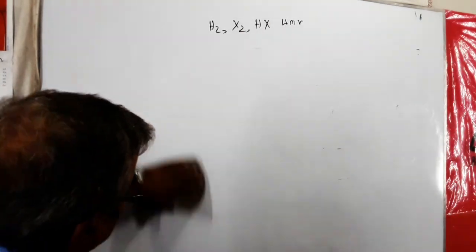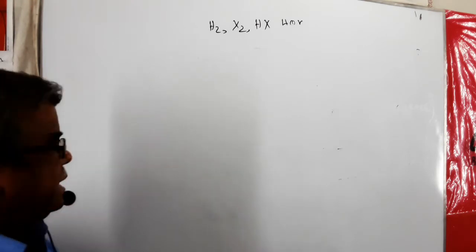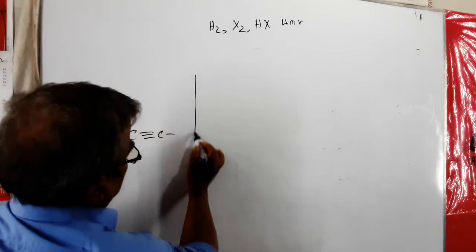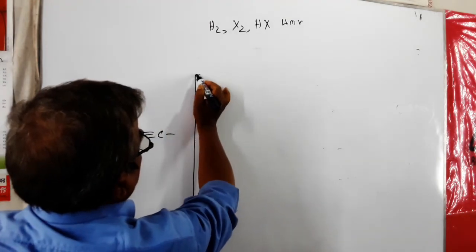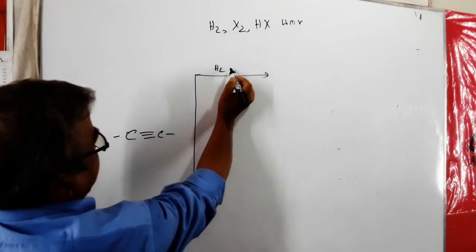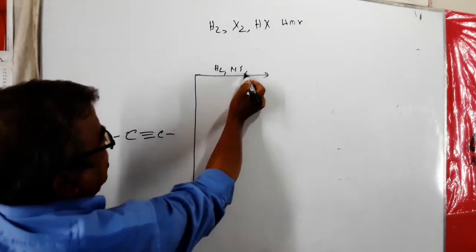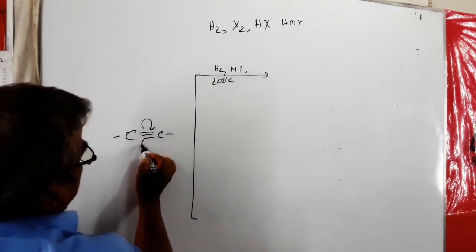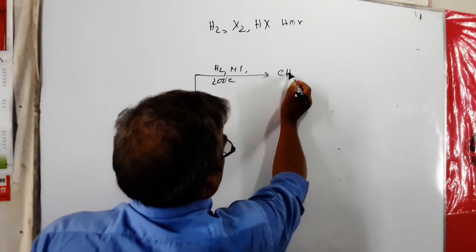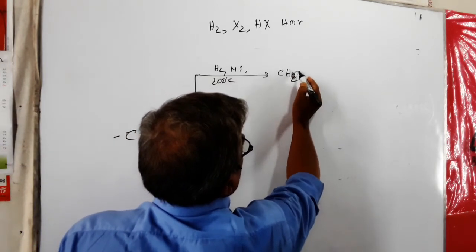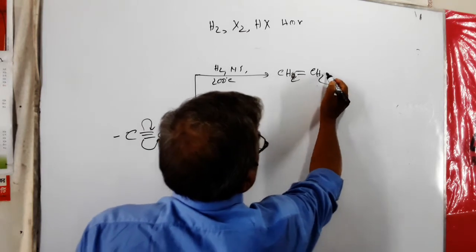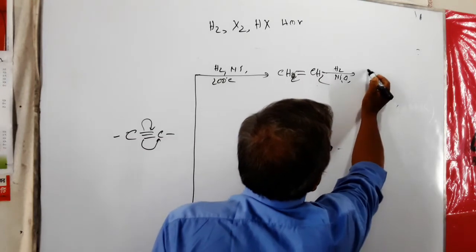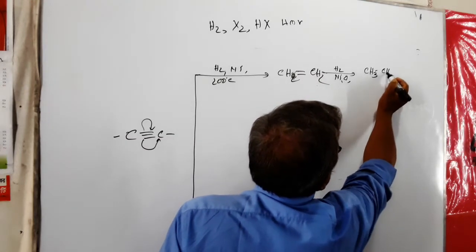First, asymmetric carbon, this hydrogen in the presence of nickel catalyst at 200 degrees Celsius temperature, this will be CH3 CH2 double bond CH2, and again hydrogen with nickel heat, then it is ethane.